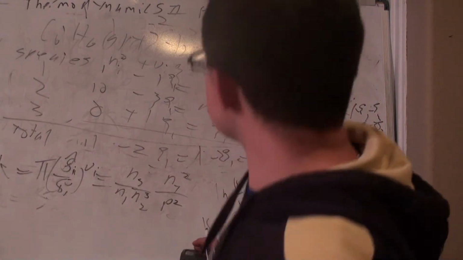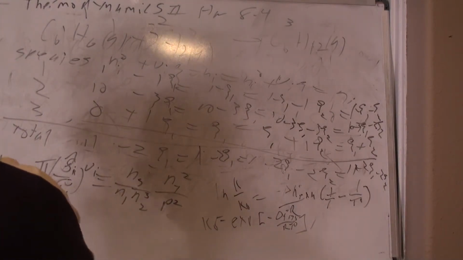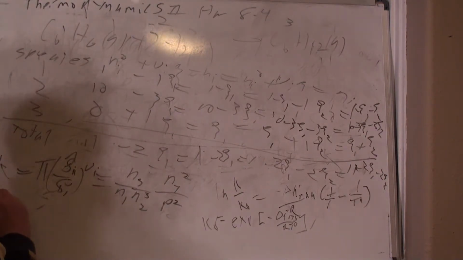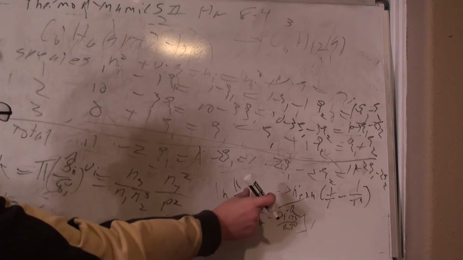And so I can actually do some manipulation here. Now I'm going to leave my table because I kind of need my table. I'm running out of room real quick, but I'm going to try and fit this. So I've got natural log of k minus natural log of k naught.